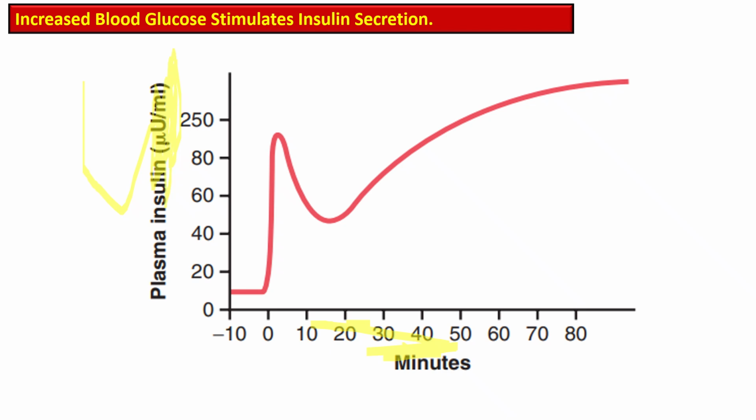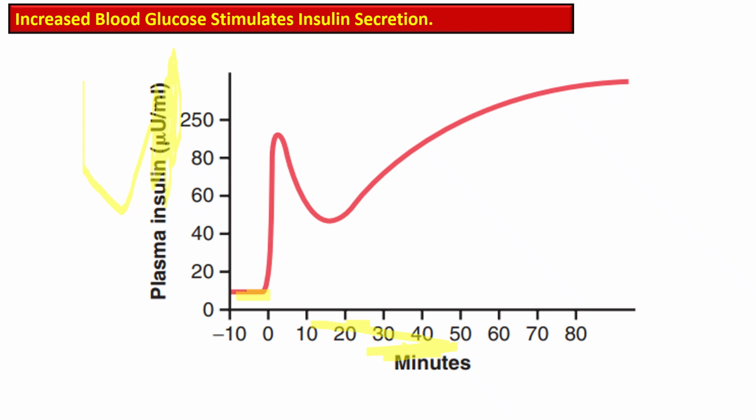Before glucose elevation, -10 to 0 minutes, plasma insulin levels are low, around 10 microunit per ml, representing fasting basal secretion.